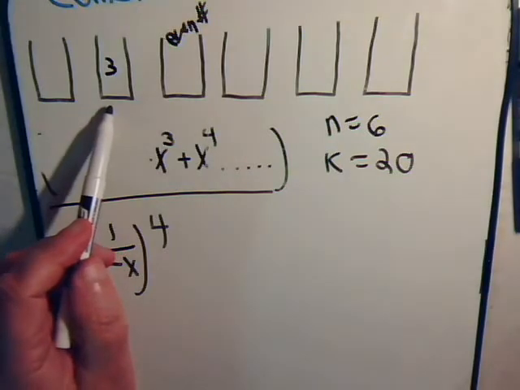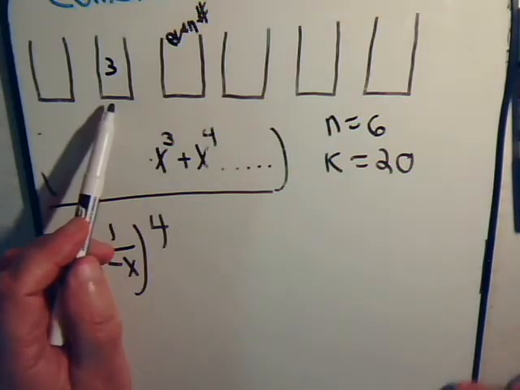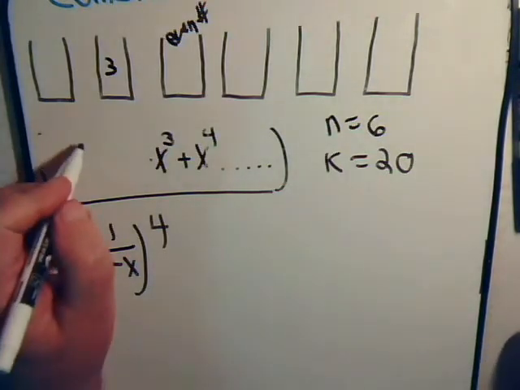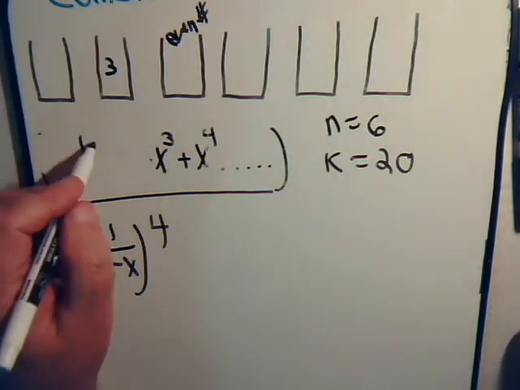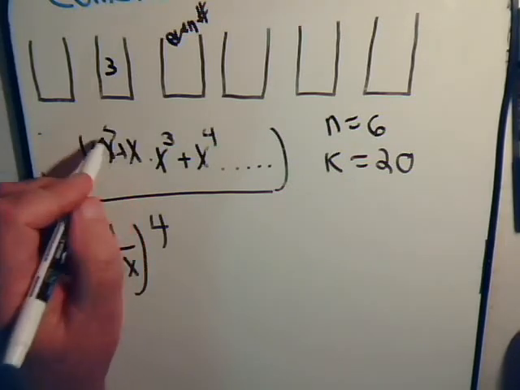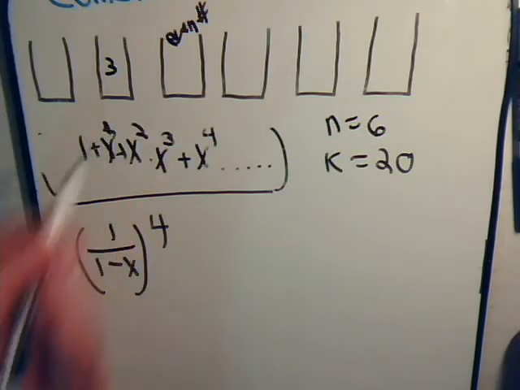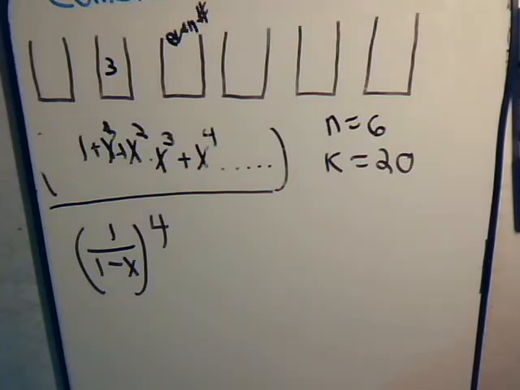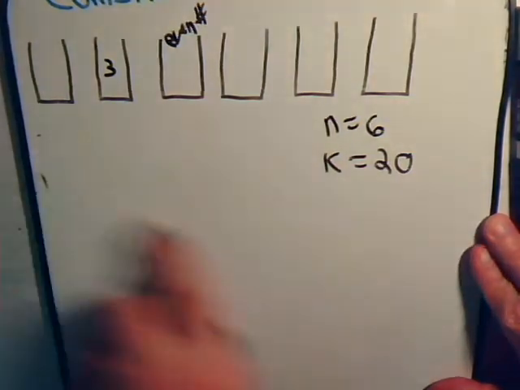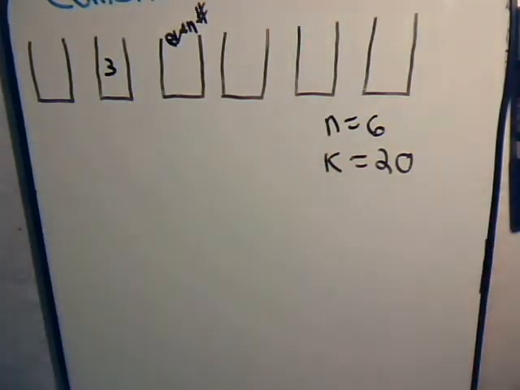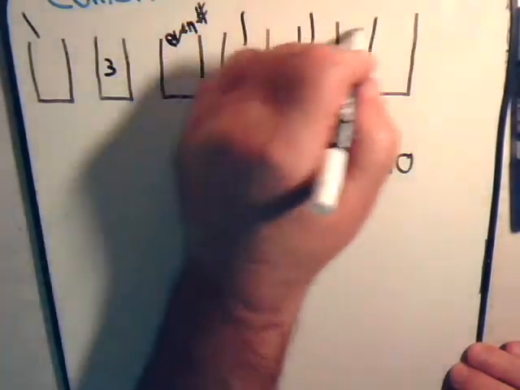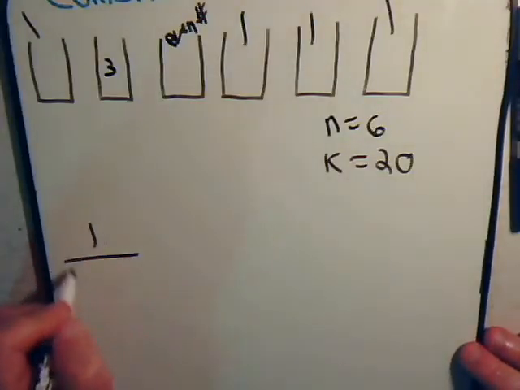We say that this has to have at least 3 for each selection. So we can't say, well, we could take 0, or we could take 1, or we could take 2. No, it has to be at least 3 from this crate. So we have this so far from this crate, this one, this one, this one.